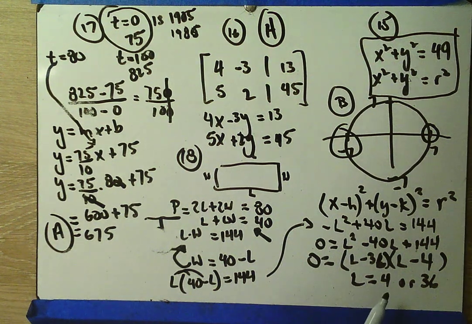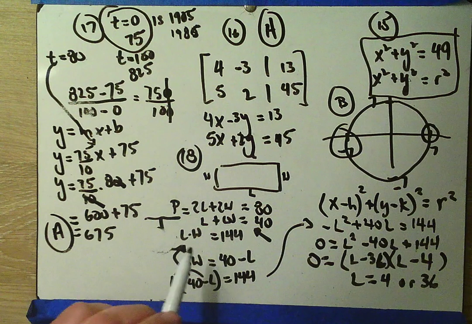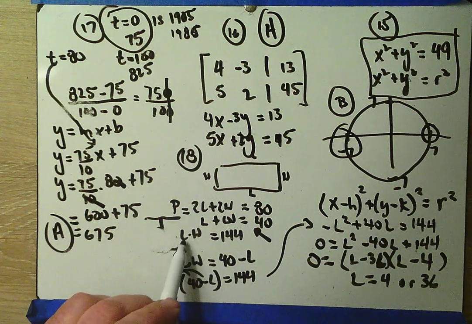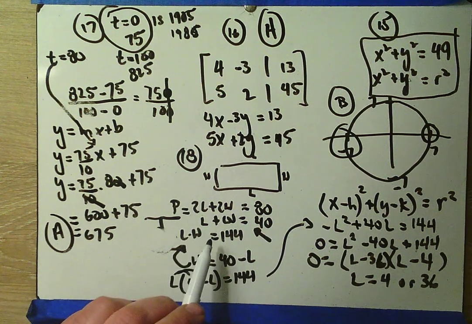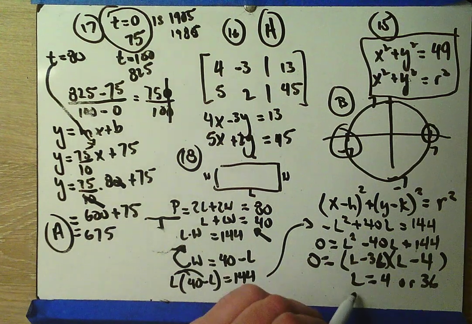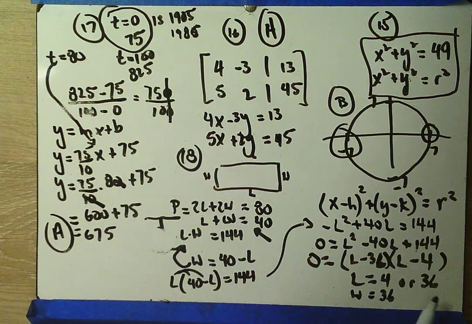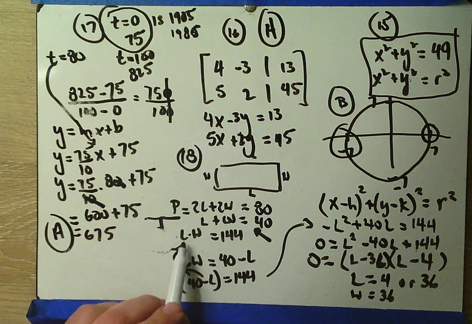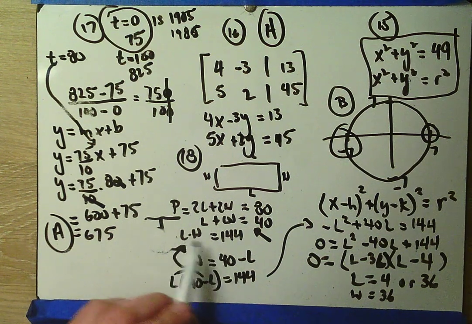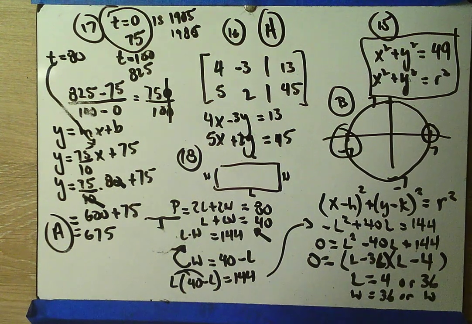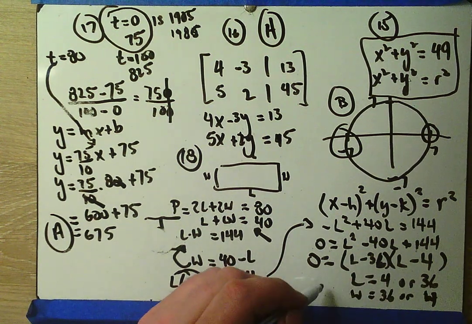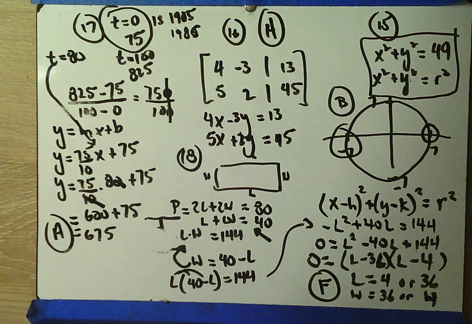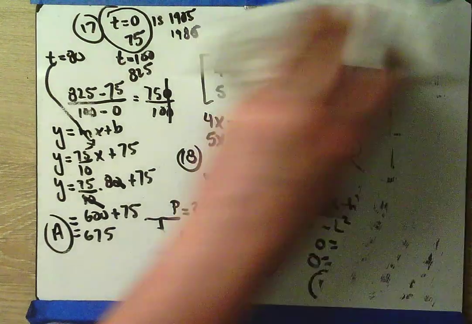If L is 4, and I plug that 4 back into this area formula, 4 times W is 144, so I divide by 4 and I get 36. Isn't that interesting? So W would be 36. And if I plug this 36 in over here for L, and then divide both sides by 36, I get W equals 4. So my choices are 4 by 36 or 36 by 4. And so that is choice F. F for number 18.